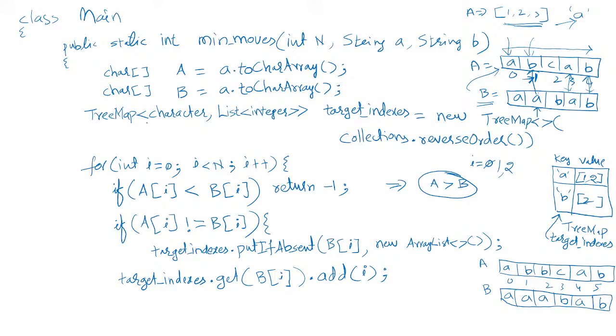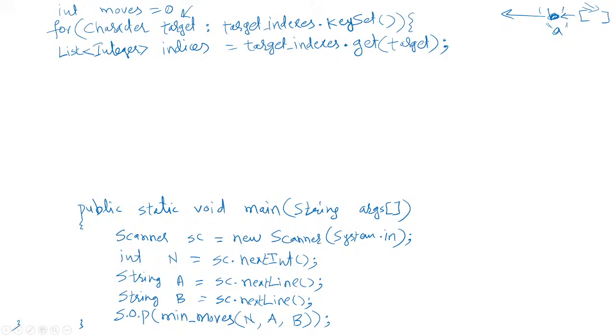Otherwise, initially you need to write a separate for loop checking for this condition. So instead of writing another separate for loop, while processing in the for loop itself, you can check here. Now I am checking the validation: the target character must exist in string A, otherwise it is not possible.